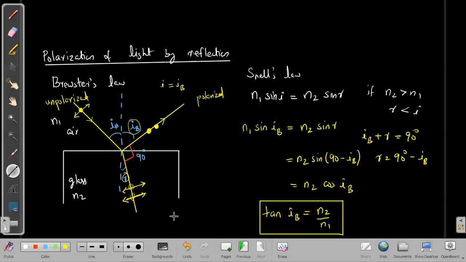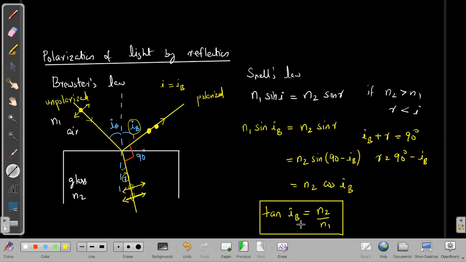If you have an air-glass interface, then tan IB is N2, the refractive index of the glass, divided by the refractive index of air. Usually the refractive index of air is taken as 1, and usual glass has a refractive index around 1.5.